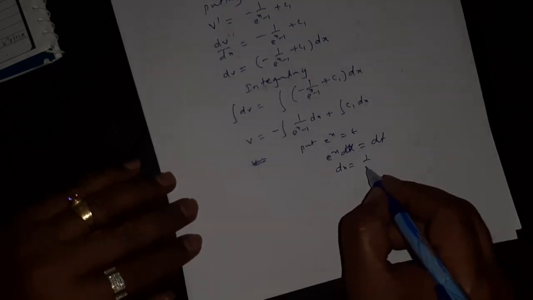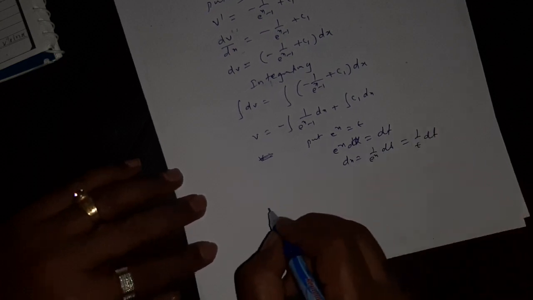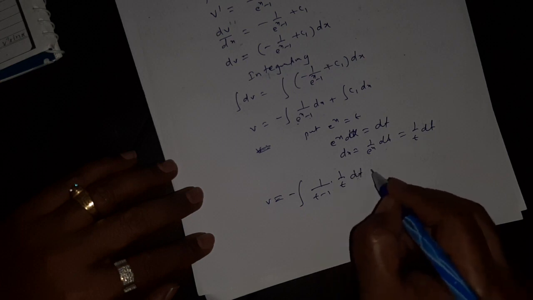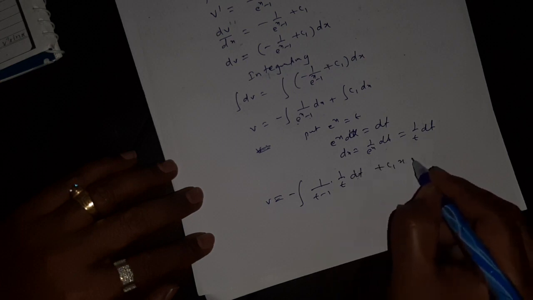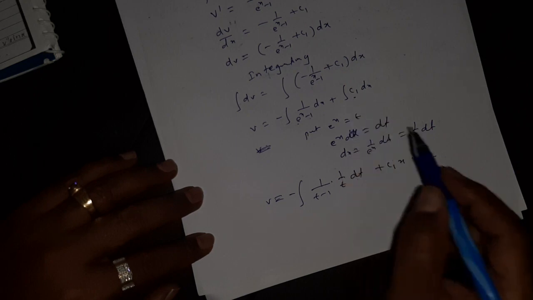So dx is 1 by e raised to x dt, that is 1 by t dt. So we have v is equal to minus the integration of 1 by t minus 1 into 1 by t dt, plus c1x plus c2. Integration of c1 is c1x plus c2.